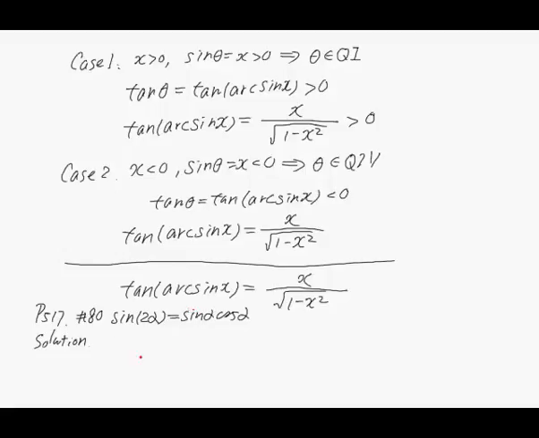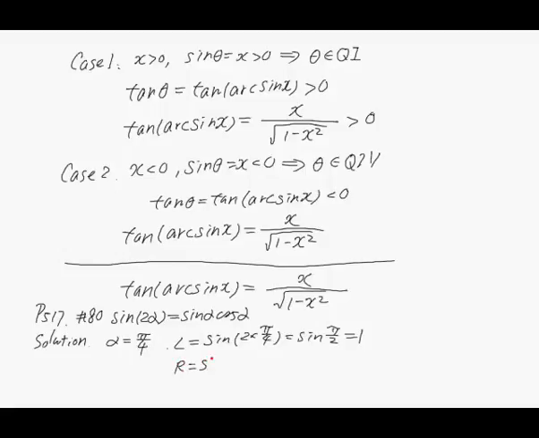So right now, let me try alpha equal to pi over 4. Now let's look at the left side. The left side is equal to sine of 2 times pi over 4, which is sine of pi over 2, and this is equal to 1. Now, how about the right side?